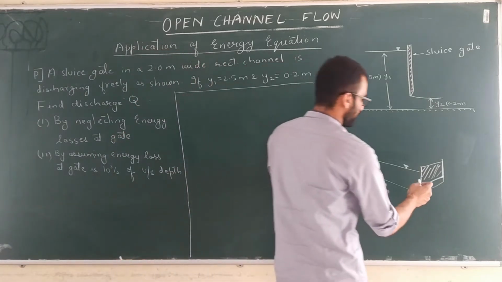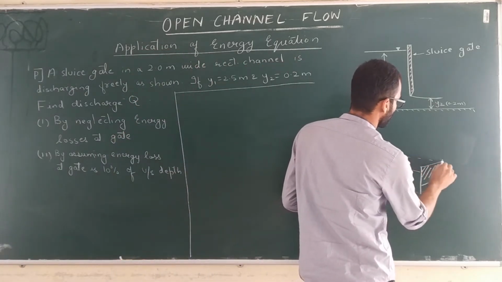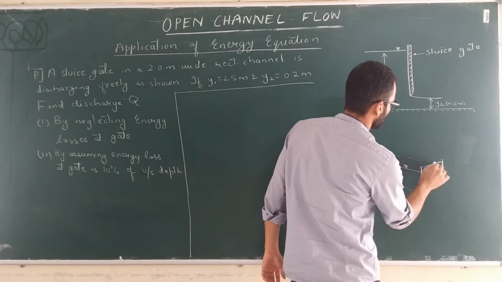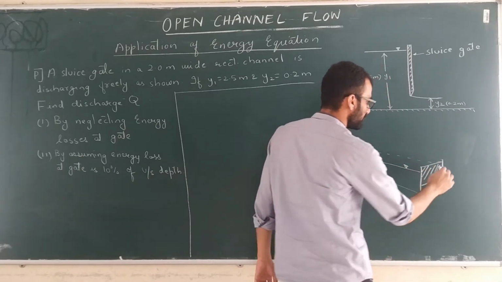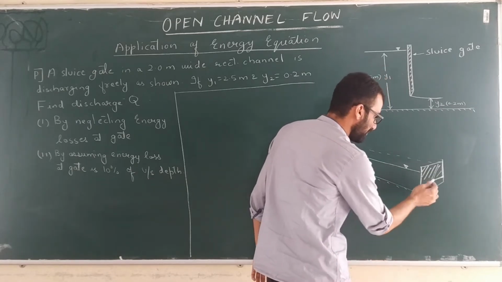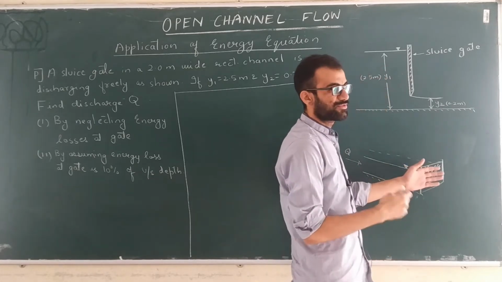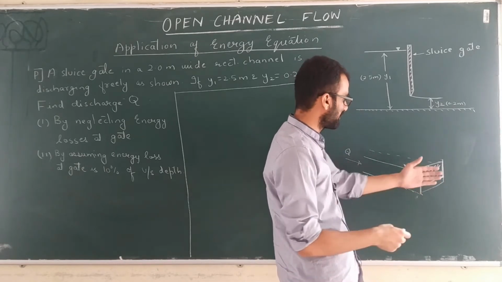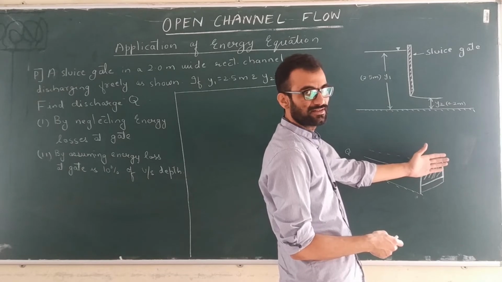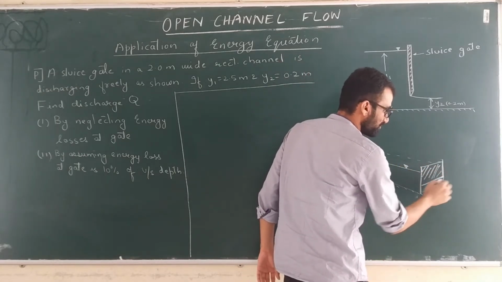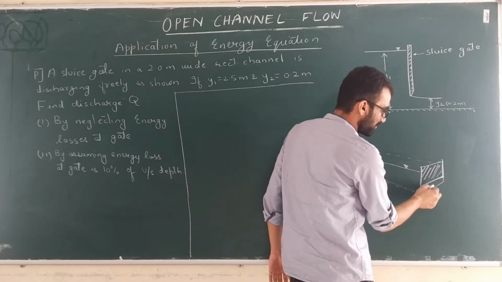So this is your flow depth, this is your sluice gate, and this is your channel bottom. Now suppose you want to start the flow, but you want to pass very little discharge through the channel, so you lift the gate a little bit. Flow then takes place below the sluice gate, from the channel bottom.